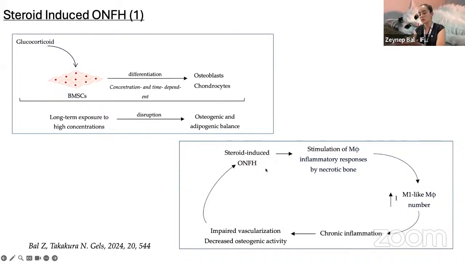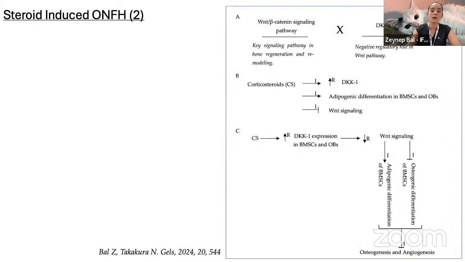Macrophage stimulation causes more M1 phenotype macrophages, which increases chronic inflammation and impairs vascularization, which decreases osteogenic activity, because they work together, ending up with steroid-induced osteonecrosis. It's a positive feedback loop again. And here is another point; I think this is not only related to steroid-induced, but I just want to explain this part.